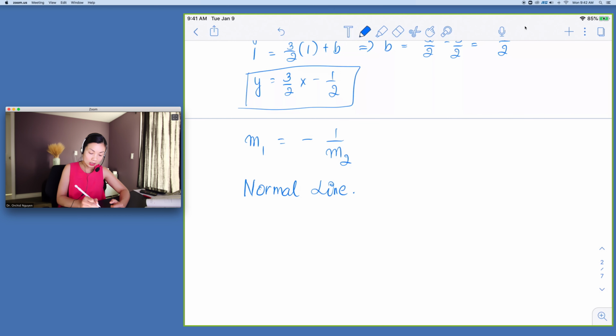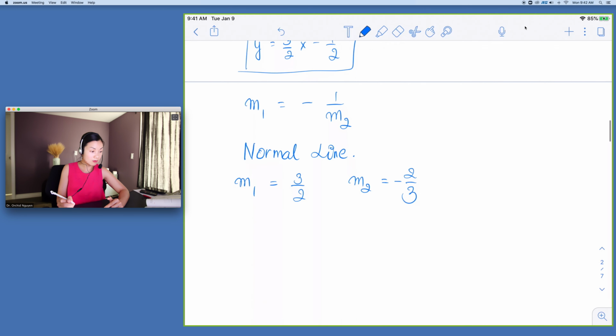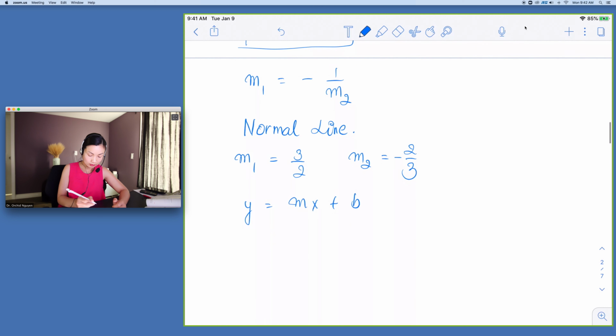You see that earlier the slope of the tangent line is 3/2. Therefore, the slope of the normal line is going to be negative 2/3, the opposite. Okay, so now from there, you can just go ahead and use the equation, plug it in. So I have negative 2/3. I'm sorry. Let's just put 1 in there. So 1 equals negative 2/3 times 1 plus b.